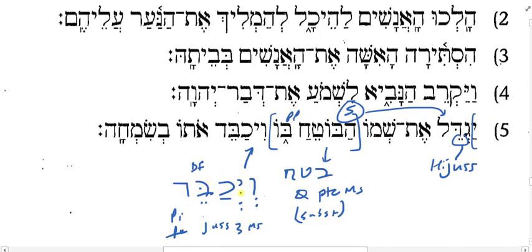Let him honor. But that's a vocal shewa, and this vav has a vocal shewa. How do we fix that? The rule of shewa. We shoot out how many? One, and this shewa becomes silent, and then the yod with the silent shewa under it before a preceding hireq. Hebrew love story.